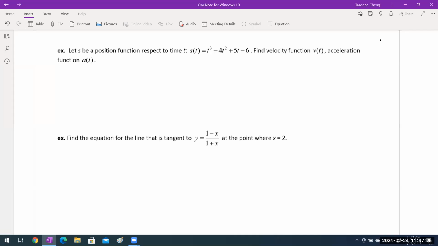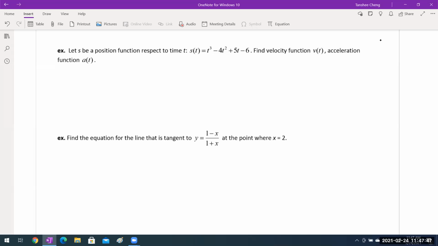Now, let's take a look at the next example, which is given as a position function. And we want to find the velocity function and the acceleration function. Right? So without using definition, this will be a lot faster for us.